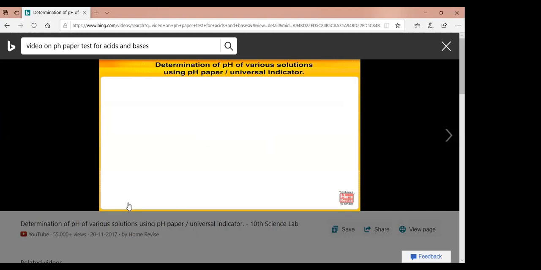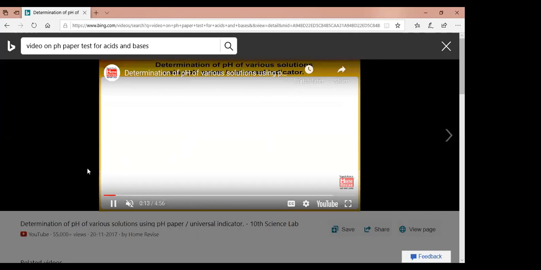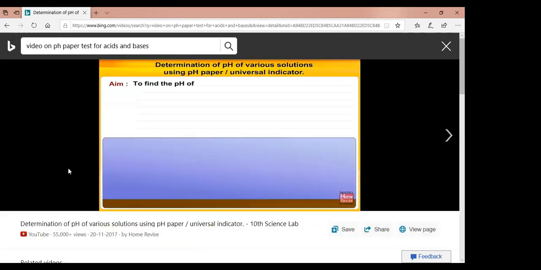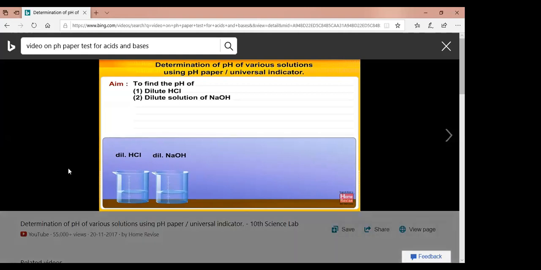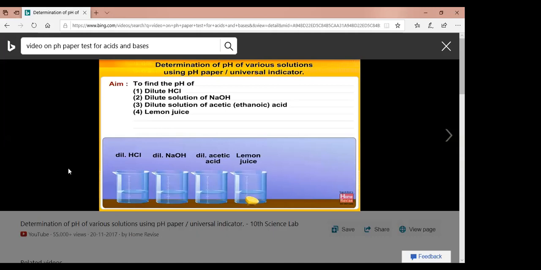Determination of pH of various solutions using pH paper and the indicator. The aim is to find the pH of dilute HCl. Then you have a dilute solution of sodium hydroxide, and a dilute solution of acetic acid, which is vinegar, also called ethanoic acid.